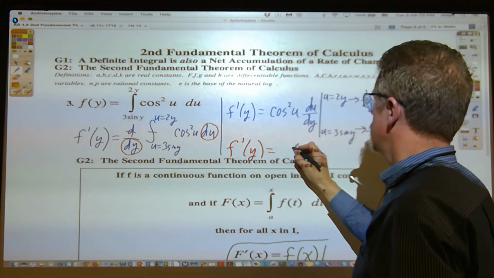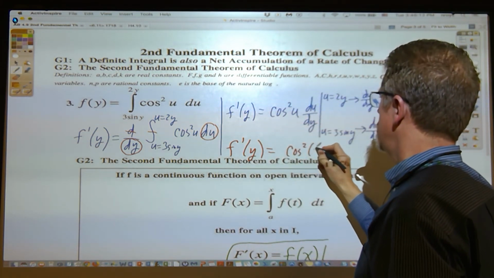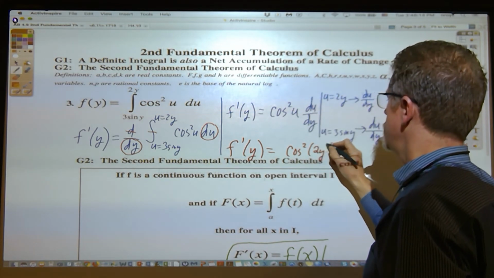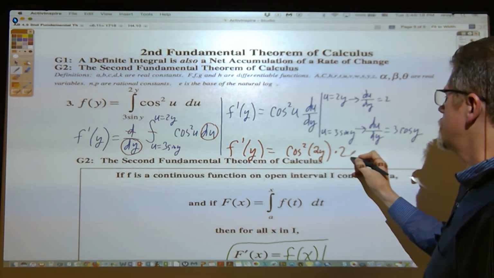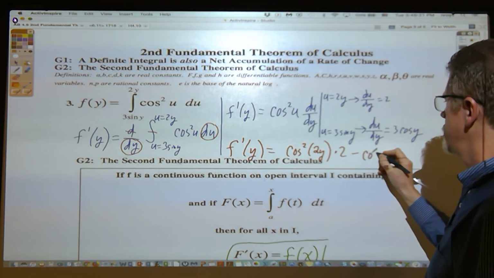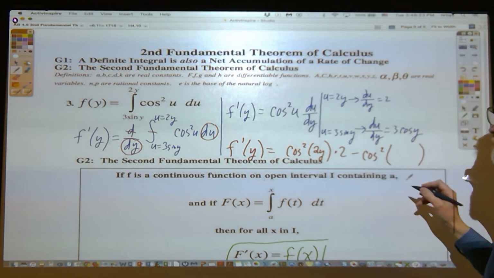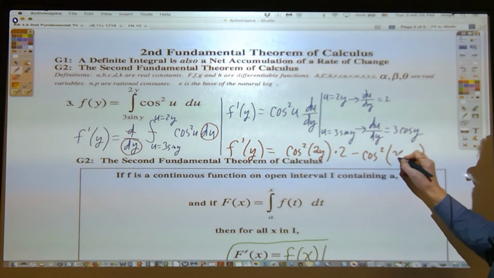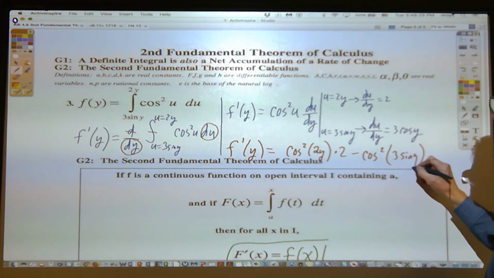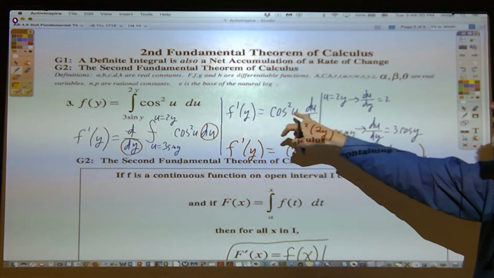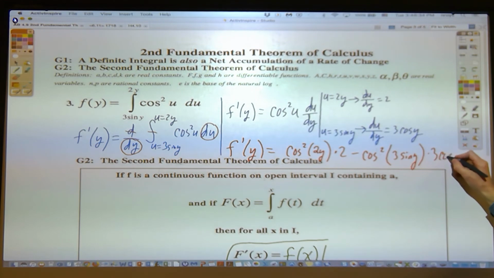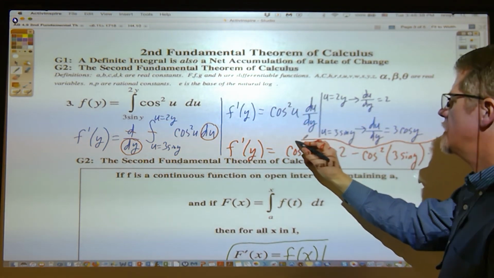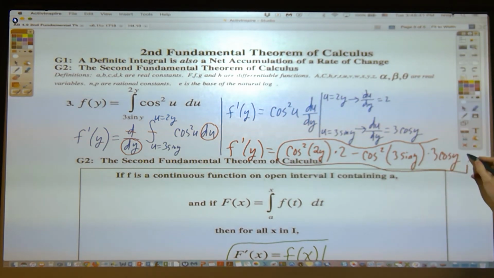So it's going to be cosine squared of 2y, we're expecting it to be a function of y, it is, times 2 minus the cosine squared of 3 sine y, which is what I put in for u, and the value of du dy is 3 cosine of y. So in case you thought this lesson was going to be trivial, it's far from it.